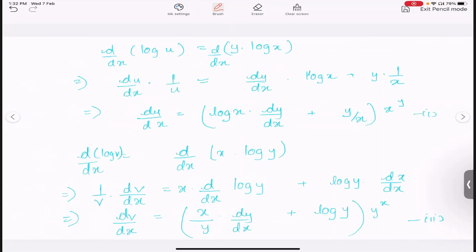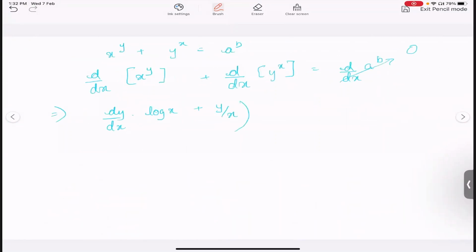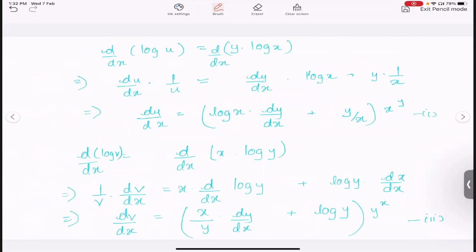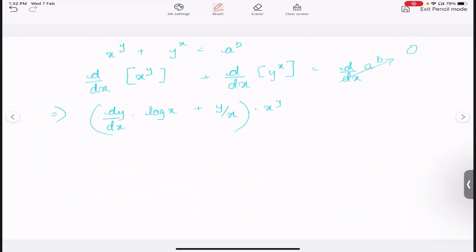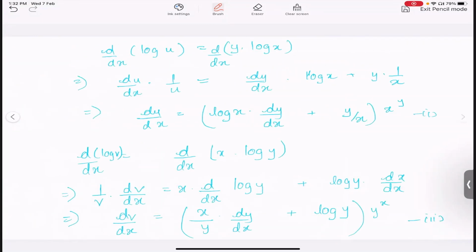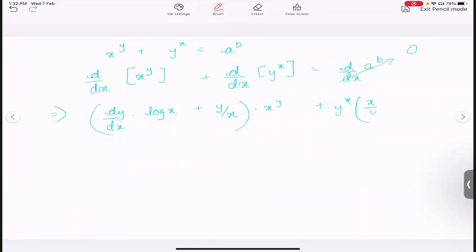This is the whole thing multiplied by x to the power y. Now here what we'll have, y to the power x times x by y dy by dx plus log y.